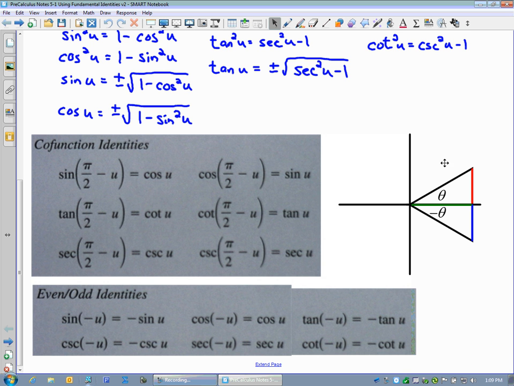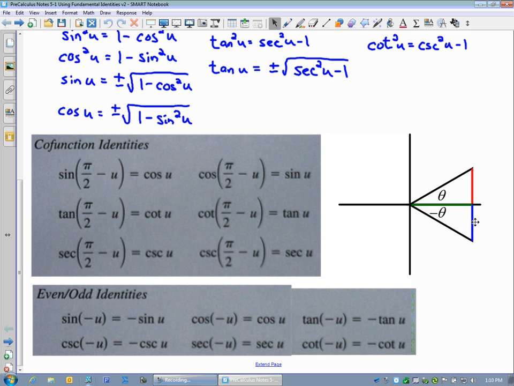So our radius is going to be 1, which means that this opposite side is the sine of theta. If it was any other radius, then it would simply be r sine theta, because the radius will act as your scaling factor.